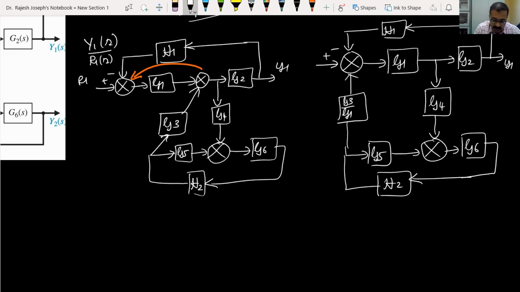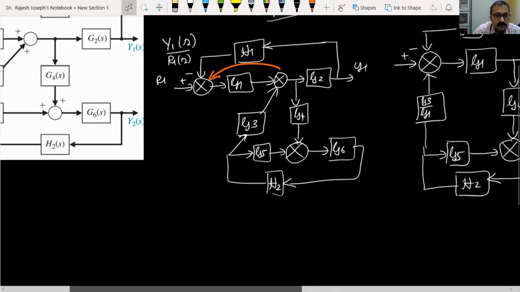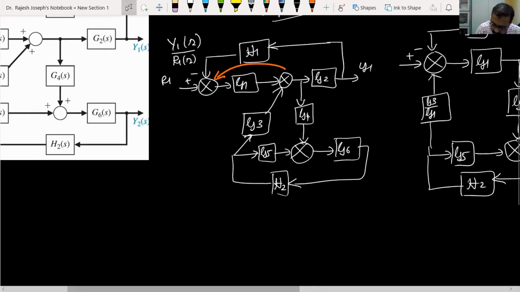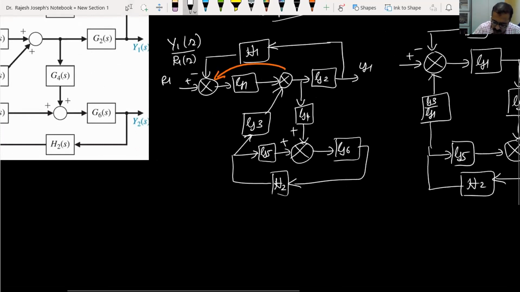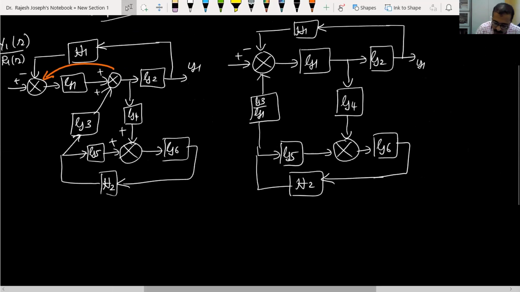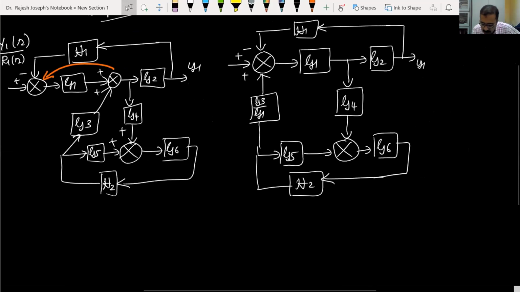Whatever the polarity here was, it was plus plus. That was plus minus, and here it was plus plus. So here it will be plus, and this is plus plus.